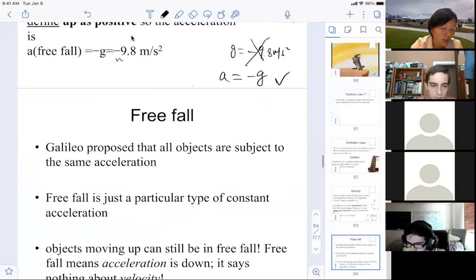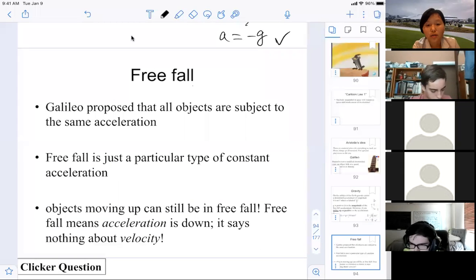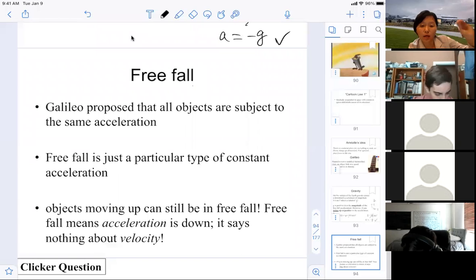When we say free fall, it doesn't mean objects have to be falling down. As long as it's free in the air, it's called free fall. It could be going up and still be considered free fall motion. Free fall simply means your acceleration is down. It doesn't say anything about velocity.